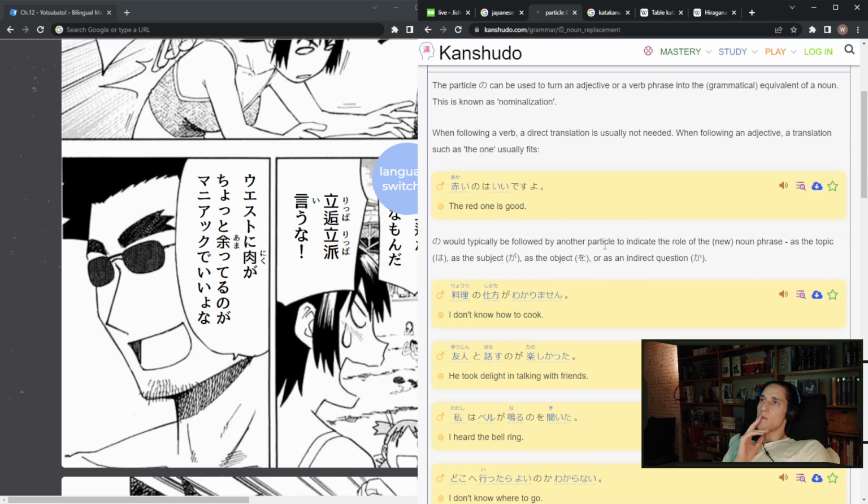No would typically be followed by another particle to indicate the role of the new noun phrase, as the topic, ga as the subject, o as the object. Oh, this indicates subject.